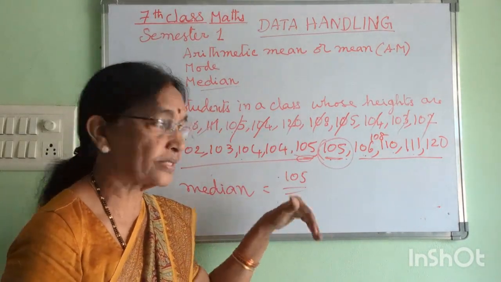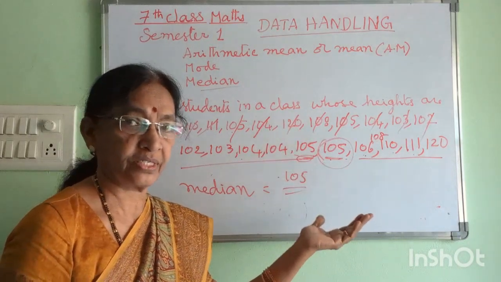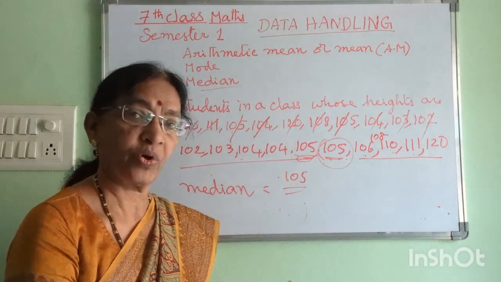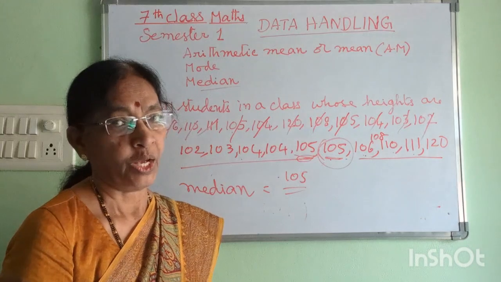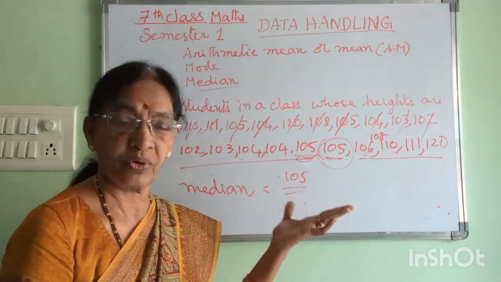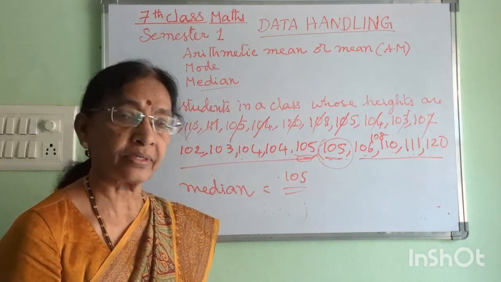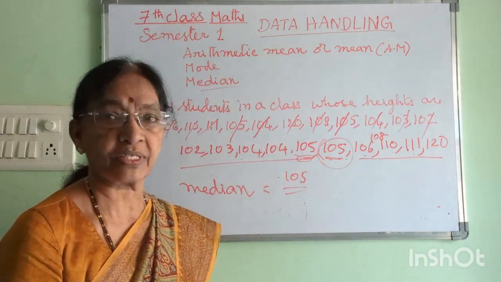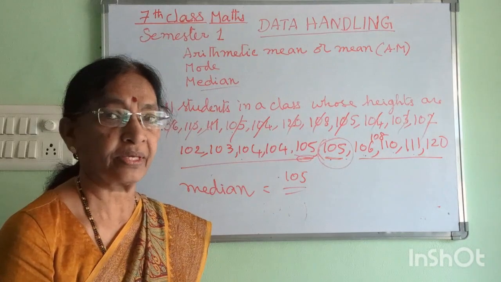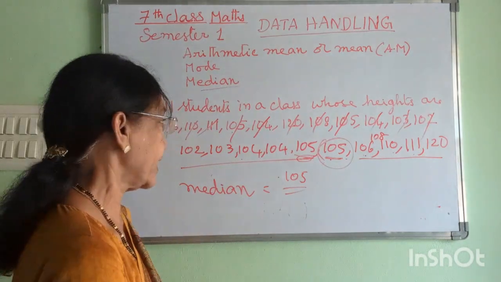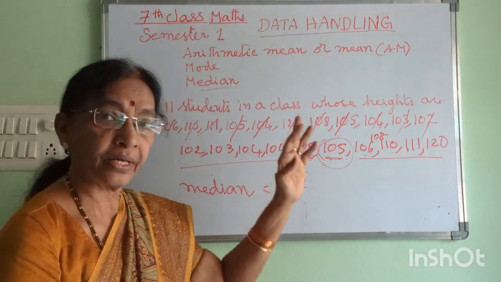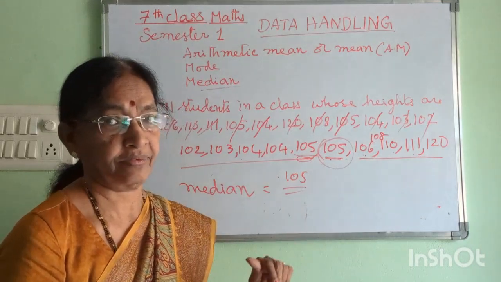Median is one of the observations. Mode is also one of the observations, whereas arithmetic mean may or may not be in the observations, whereas mode and median are compulsorily in the observations.